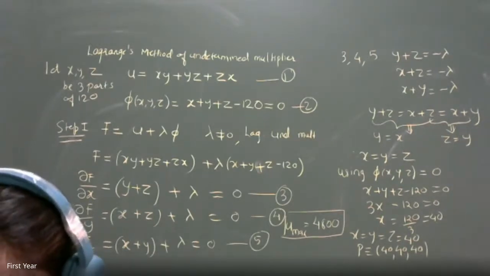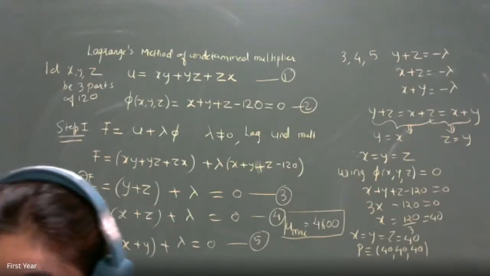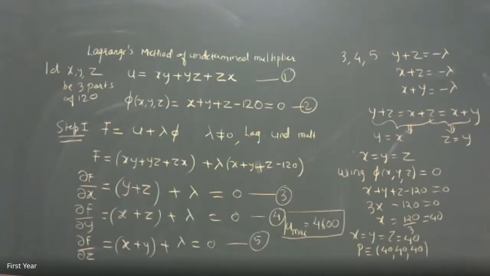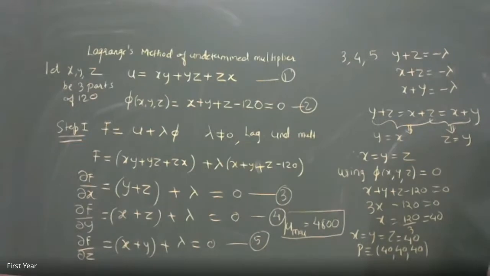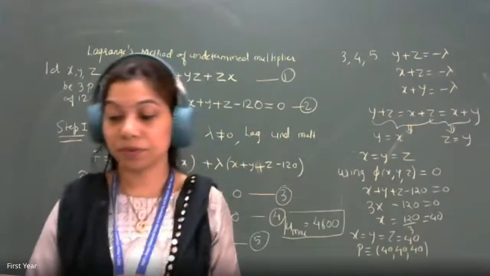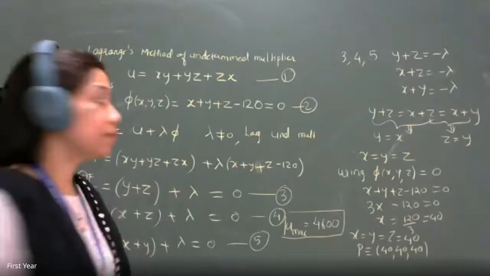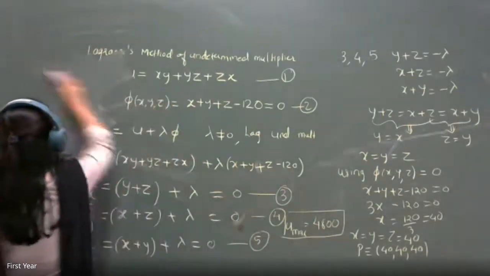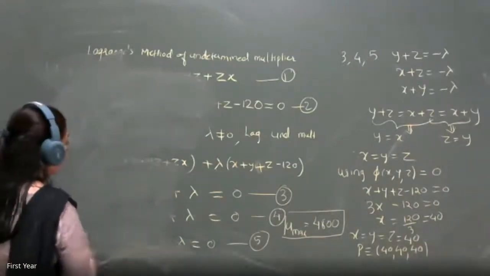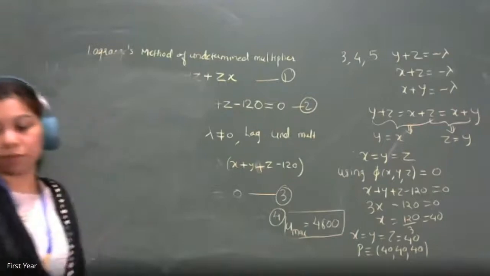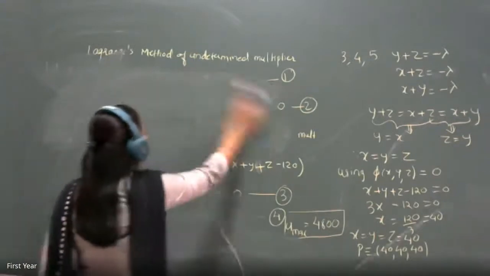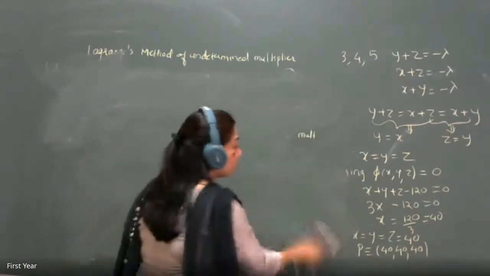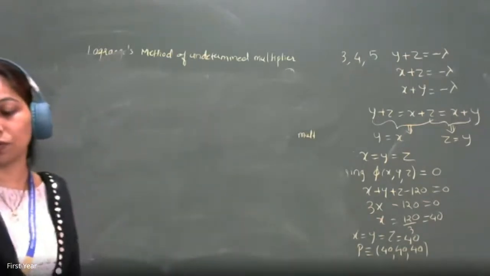Use Lagrange's method to find the minimum distance from origin to the plane 3x plus 2y plus z is equal to 12.